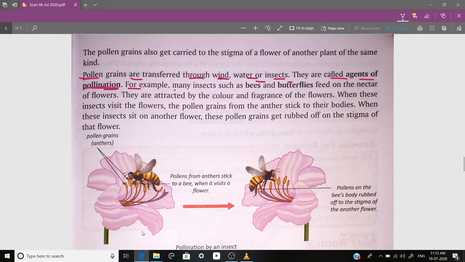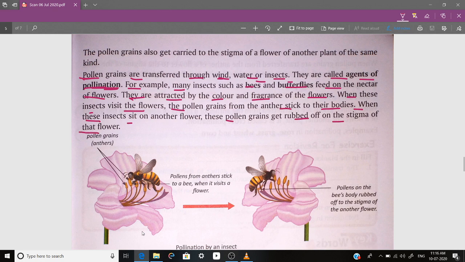For example, many insects such as bees and butterflies feed on the nectar of flowers. They are attracted by the color and fragrance of the flowers. When these insects visit the flowers, the pollen grains from the anther stick to their bodies. When these insects sit on another flower, these pollen grains get rubbed off on the stigma of that flower.